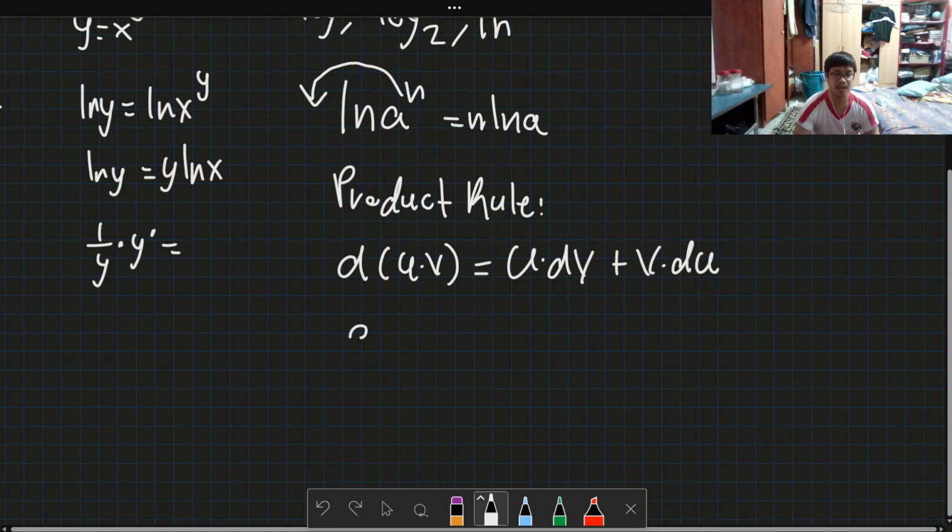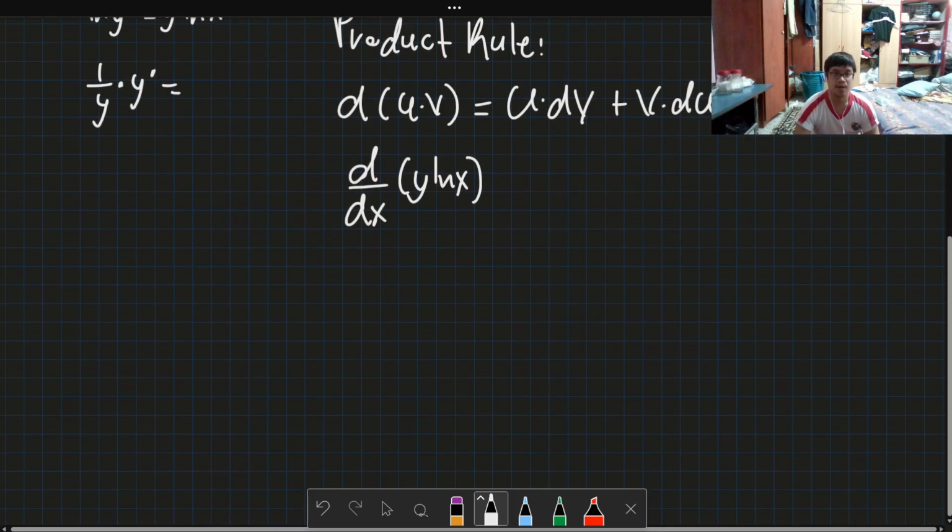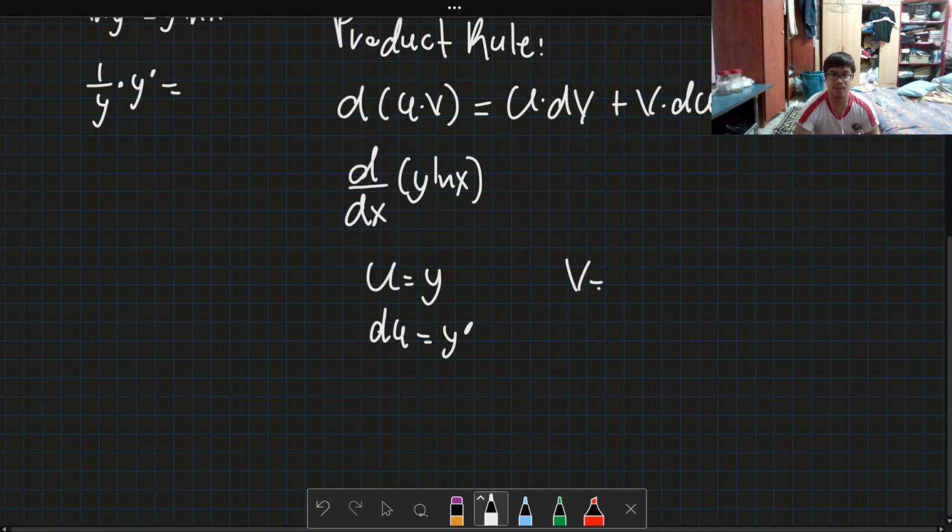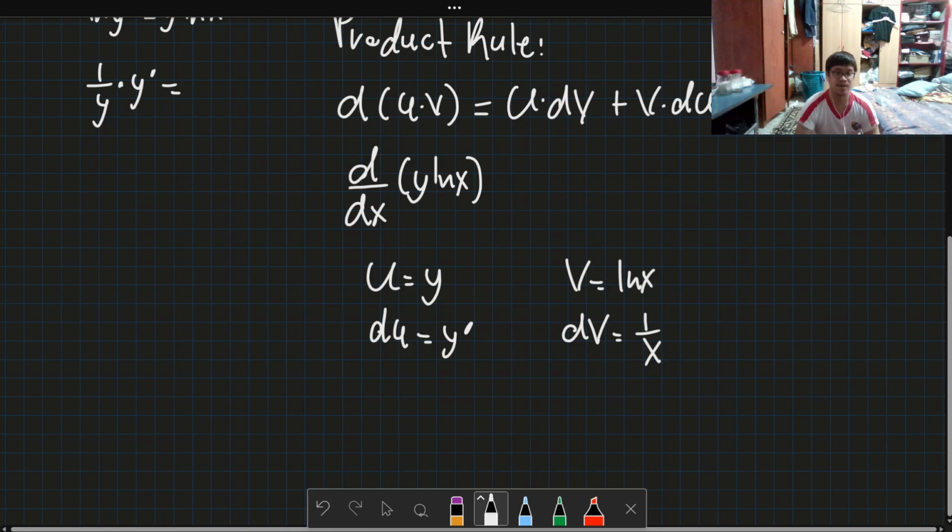So let's get the derivative of y times ln of x. I will let u be y, so the derivative of u, or y rather, would be just y prime. Next, I will represent v as ln of x, and the derivative of v would be 1 all over x. Now, if you're asking how come I got the derivative of y as y prime?